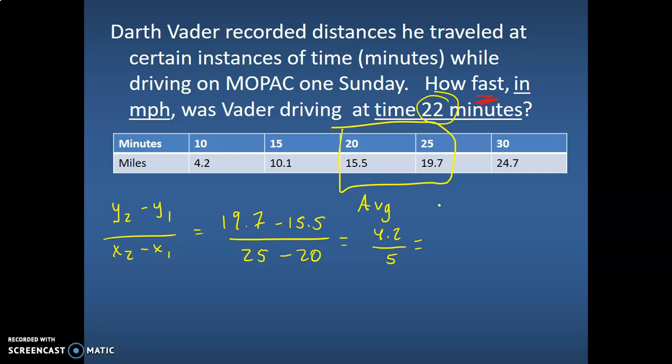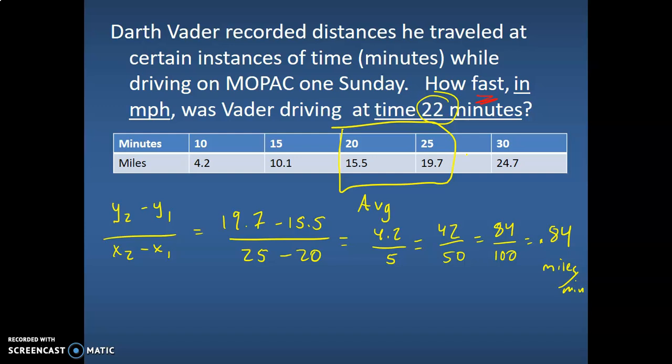We can either use a calculator or we can just practice our mental math skills. So we can make this the same as 42 over 50, which would be the same as 84 out of 100, or 0.84. This would be miles per minute.